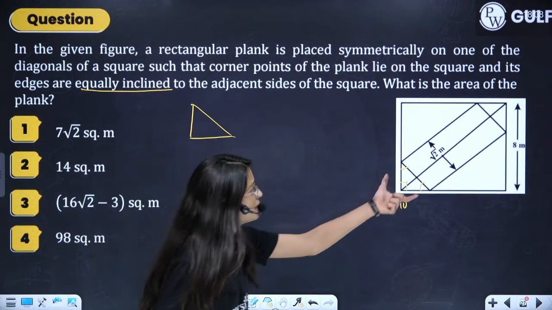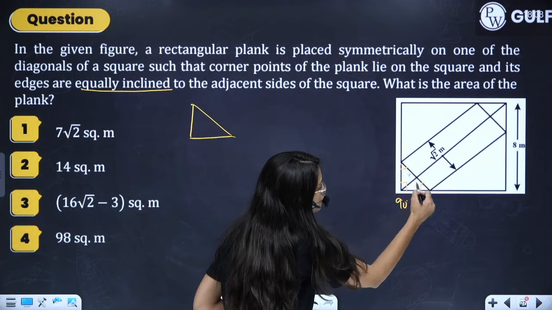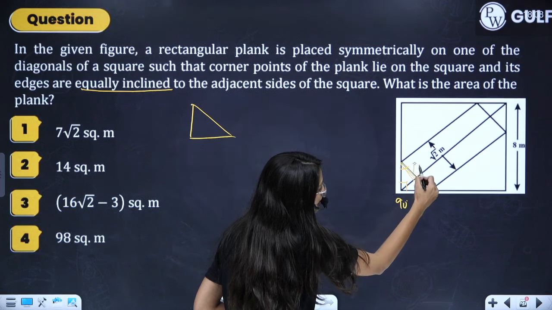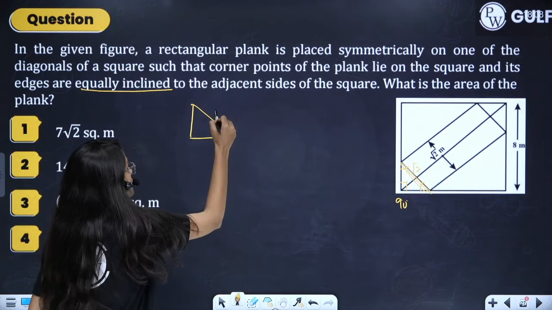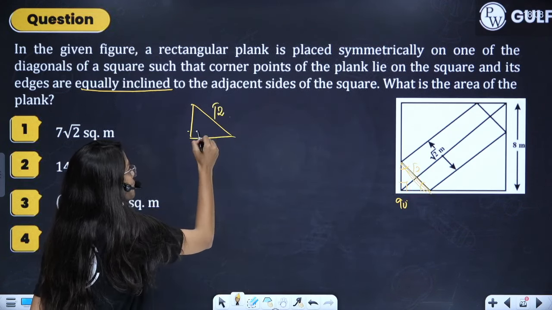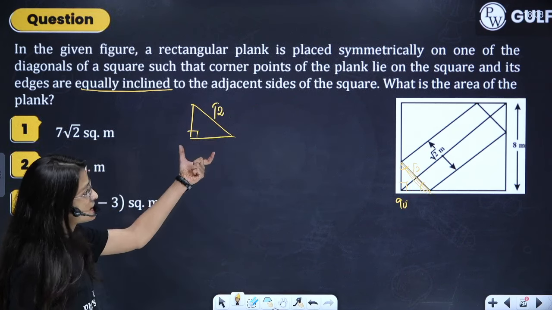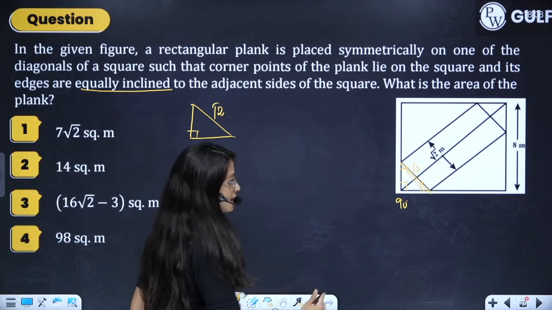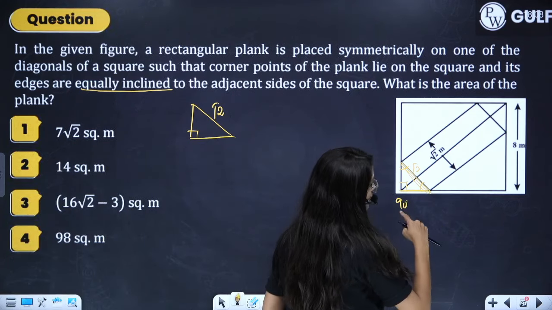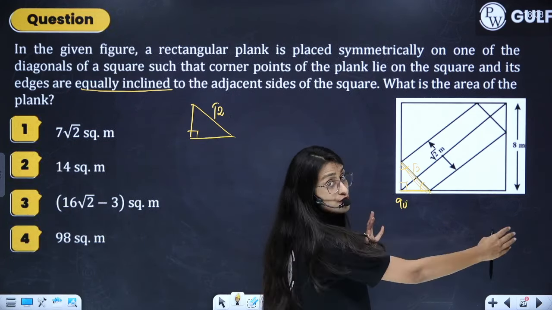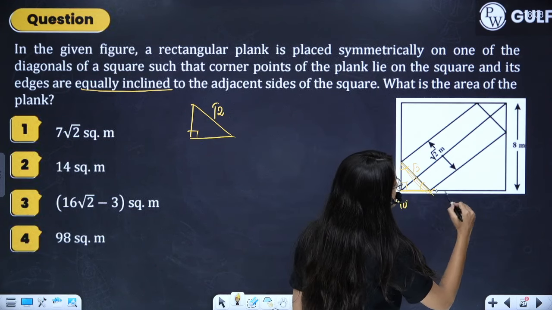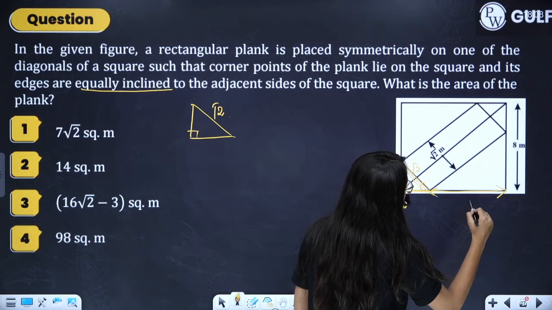Here, if the breadth is root 2, then this particular line will also be root 2. So I've got the hypotenuse for my triangle, and I need the base. See why I'm finding this? There's a reason. I know the length of the square, which is 8, so I might know this x value.